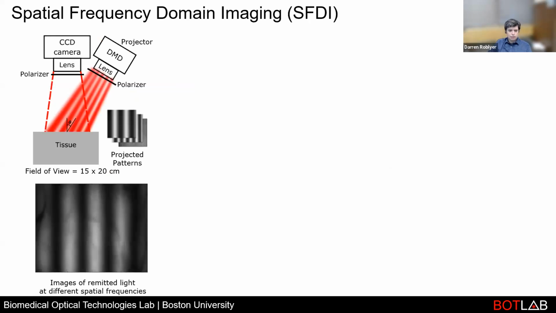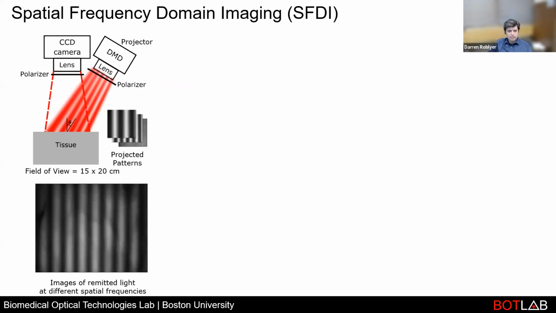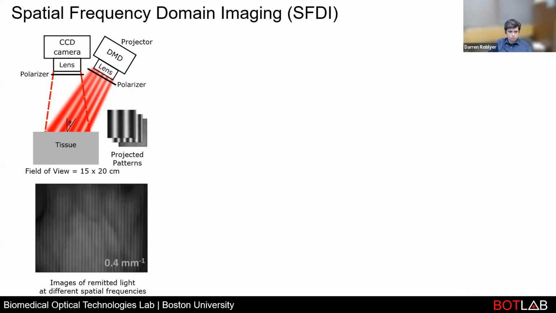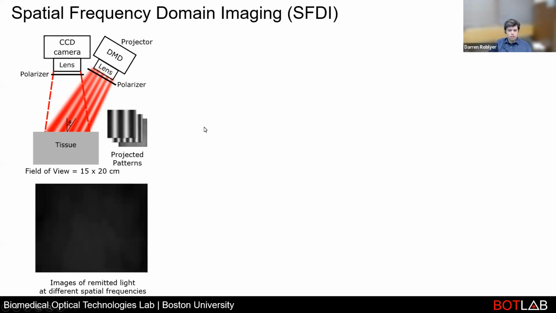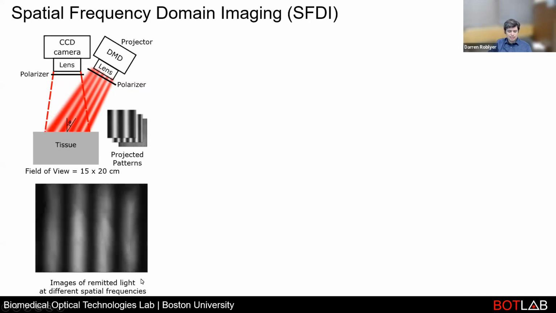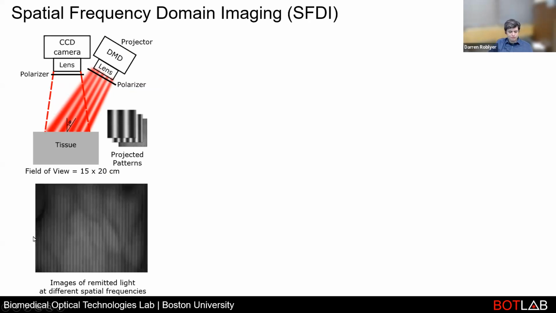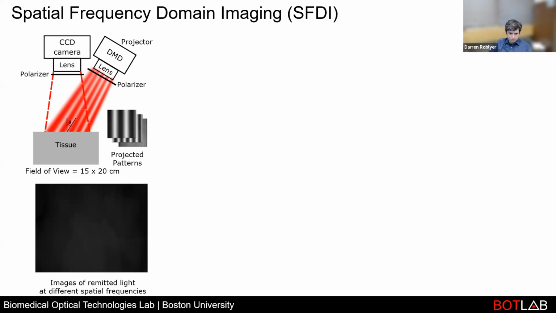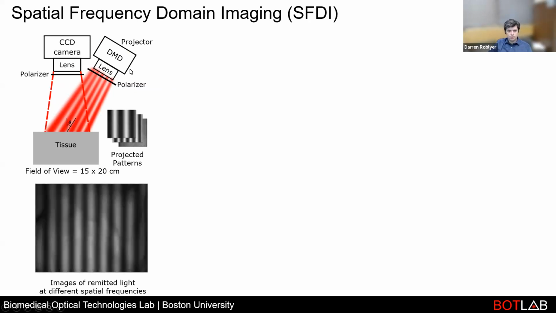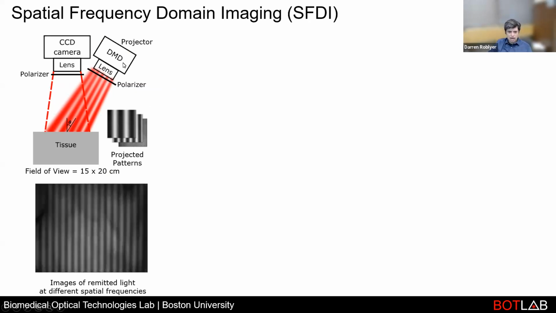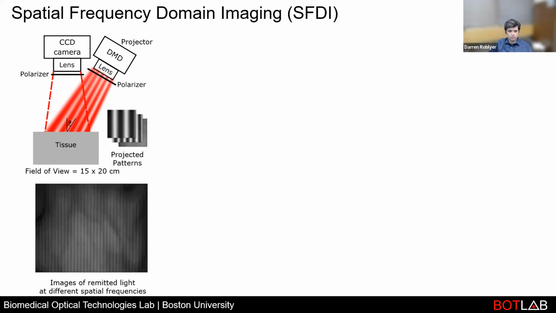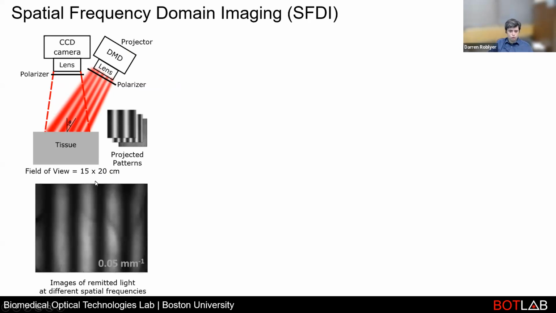So spatial frequency domain is fairly simple in terms of its measurements, at least in principle. So here we're projecting 1D sinusoidal patterns of light onto tissue. And what you're looking at is the back of a hand, the dorsum of a hand. And to do this, we can use a digital micromirror device or really any spatial light modulator. We illuminate the tissue over a wide field.